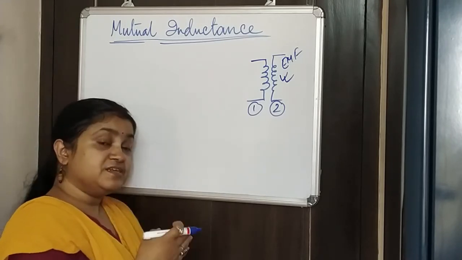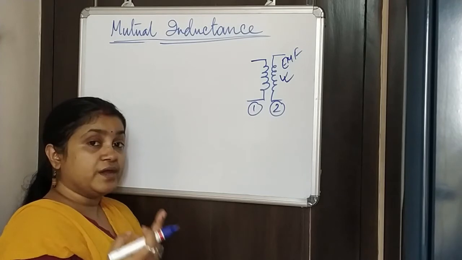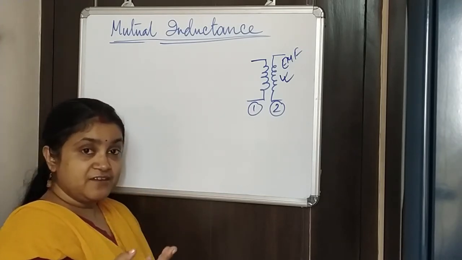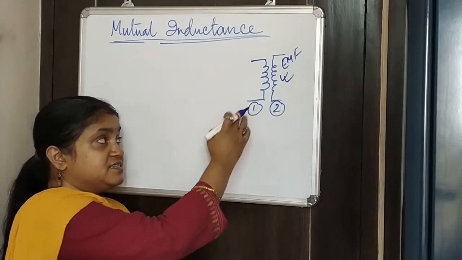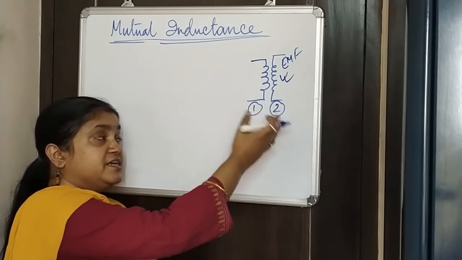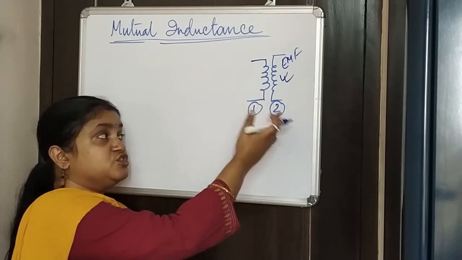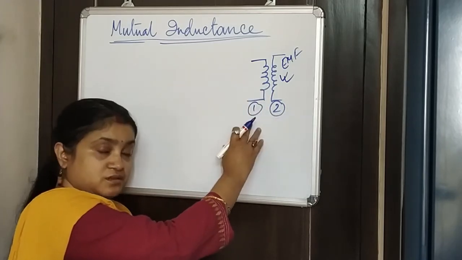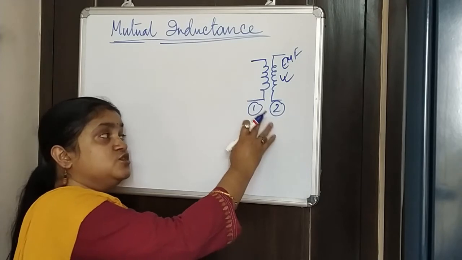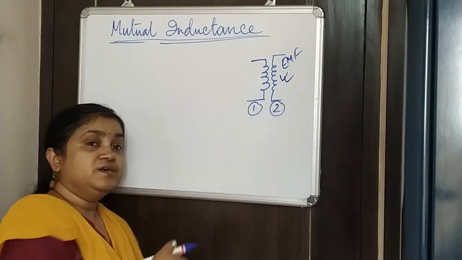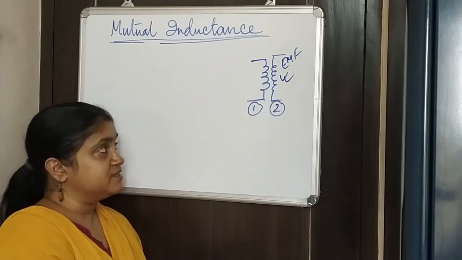Previously, EMF production due to one coil we called self-inductance, and here, since there are two coils and EMF is produced due to these mutual coils, we call it mutual inductance.